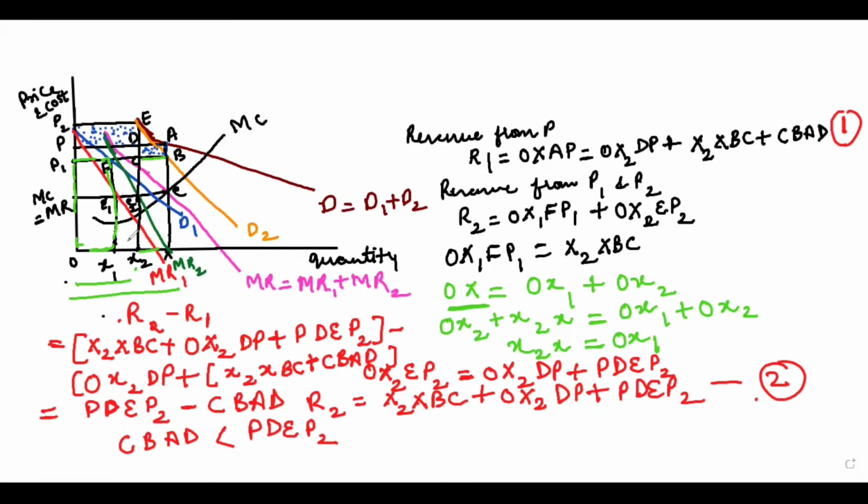So we can conclude here that the revenue earned by the monopolist by charging two different prices in two segregated markets is greater than what he would have earned by charging a single price.